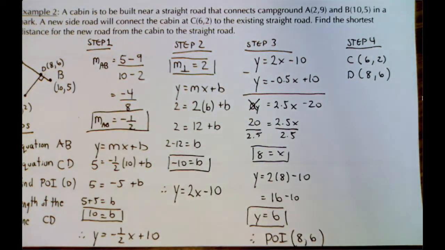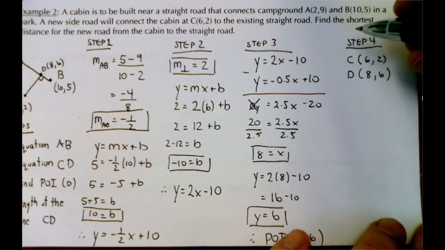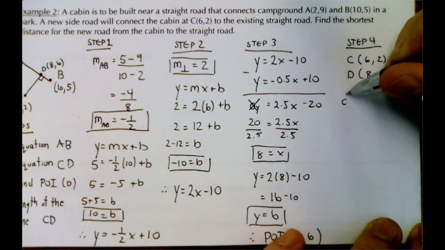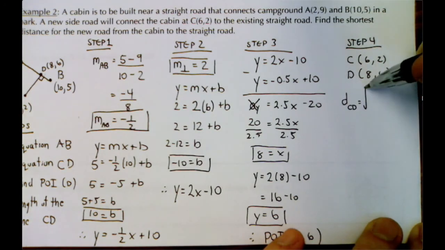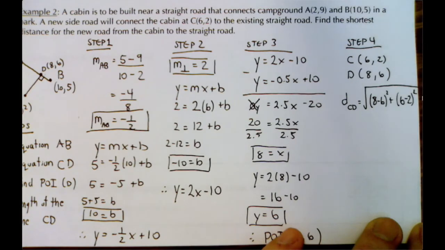So if we want the distance, we have to use the distance formula. The distance of CD is the square root of x2 minus x1, so that's 8 minus 6, squared, plus y2 minus y1, which is 6 minus 2, squared.